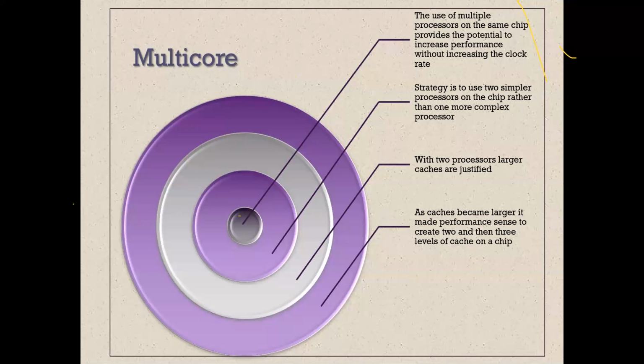Okay. So the strategy is to use two simpler processors on the chip rather than one more complex processor. That is what lends itself to the Core Duo or Core 2 processors. With two processors, larger caches are justified.